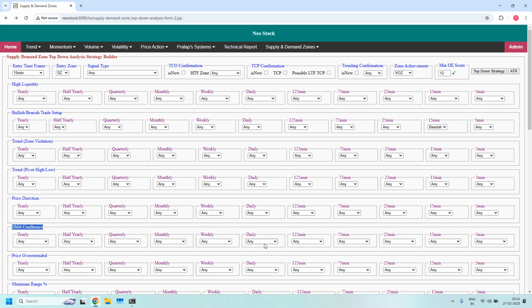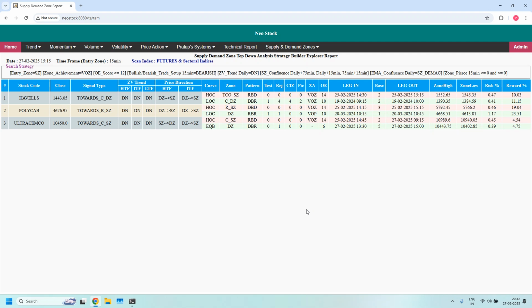In the EMA confluence at daily time frame, I am checking daily supply zone having daily EMA confluence. And the trend should not be sideways on the daily because few stocks are having sideways. We don't want. Trend is downtrend because it is bearish trade setup. HTF trend. See, we got all the 3 stocks.